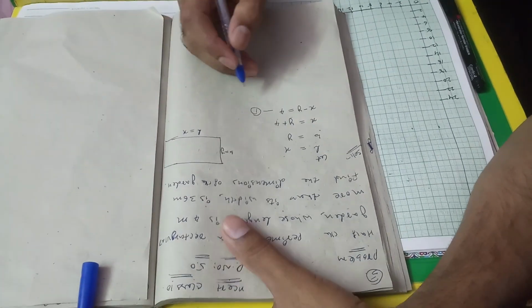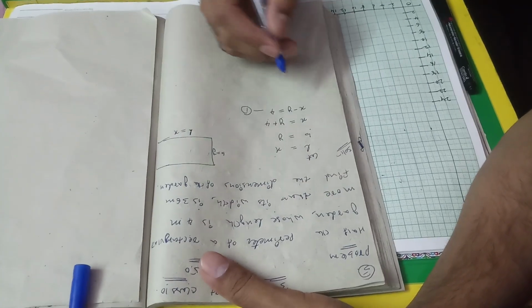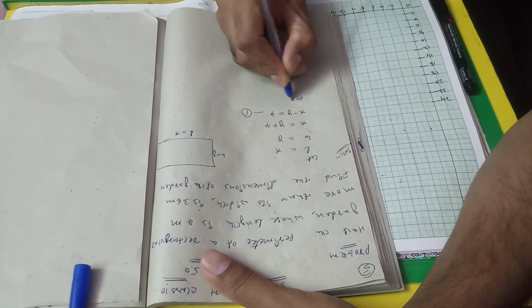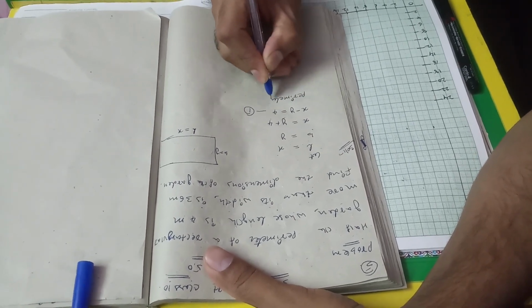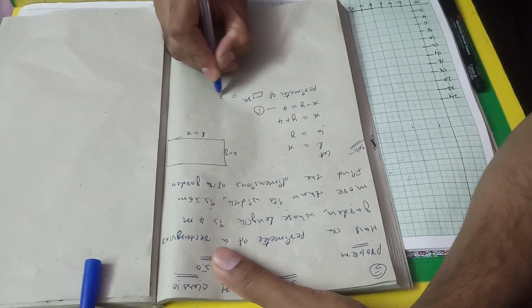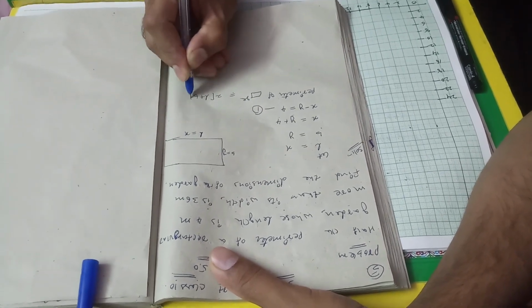For the second one, the perimeter: what is the perimeter of the rectangle? The formula for the perimeter of a rectangle is 2 into (L plus B).